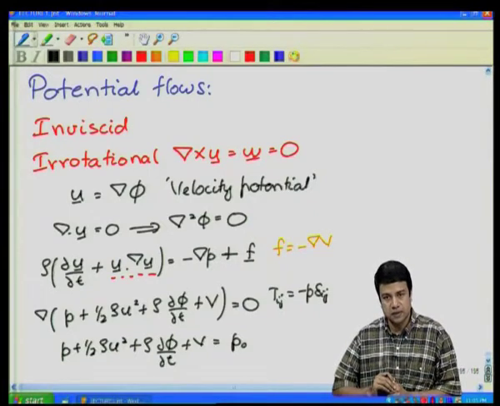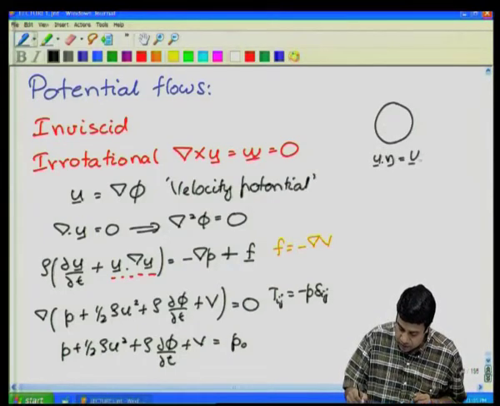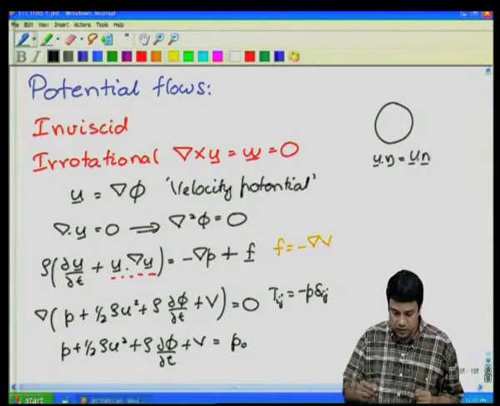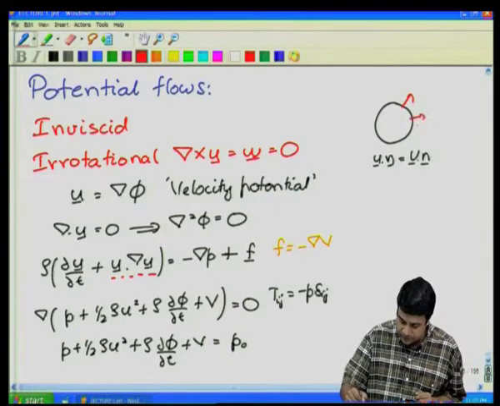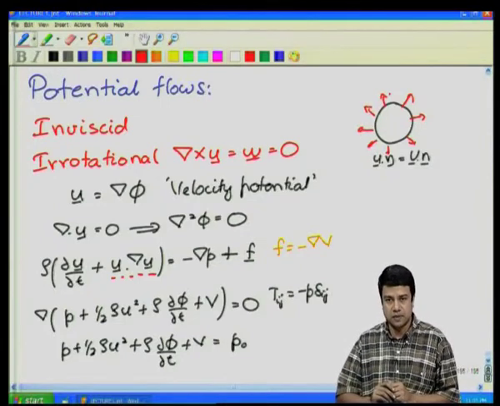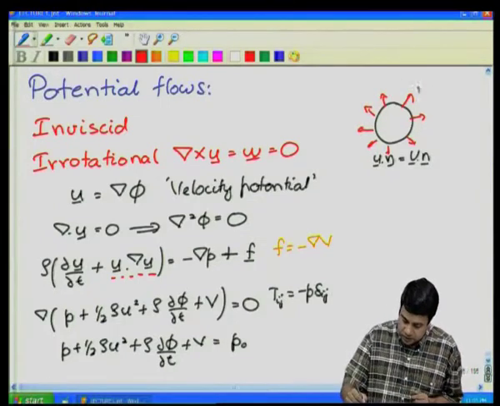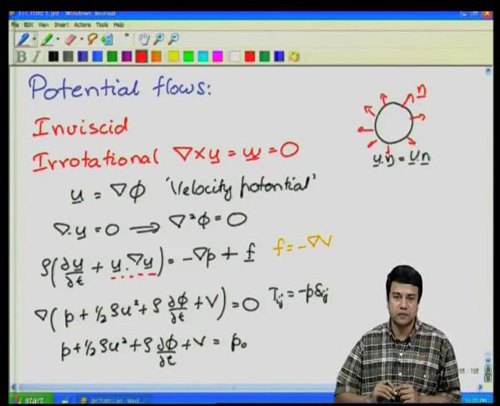And therefore, at solid surfaces, we can only satisfy the boundary condition that the normal velocity is equal to the velocity of the surface along the unit normal, where capital N is the unit normal to the surface. This is the equivalent of the 0 normal velocity boundary condition, and we cannot satisfy the tangential boundary condition because we have reduced the equation from a second order to a first order.